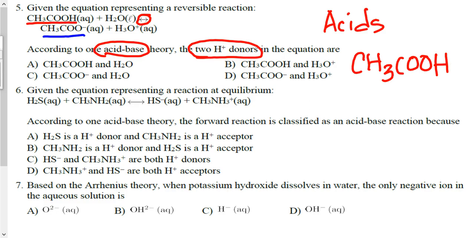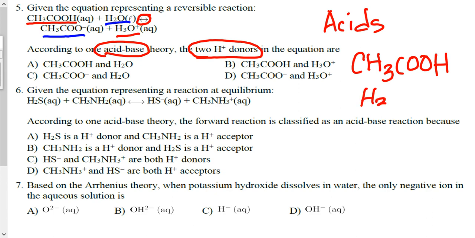If you look at H2O, what happened to H2O after the reaction? H2O gained that proton and became H3O plus. So H2O was a base and H3O plus is the conjugate acid of H2O.